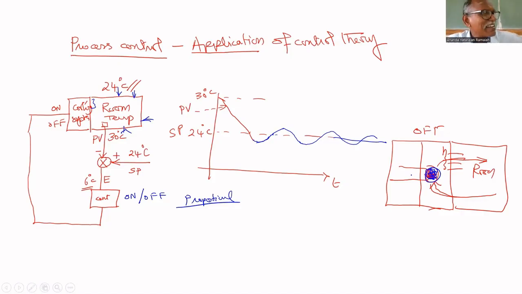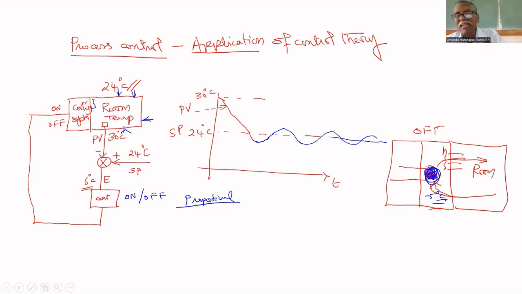This cooling element, this blue color element, becomes -5 degrees centigrade. But what is the set point? 24 degrees centigrade. We can cool this room by keeping this cooling element less than 24.